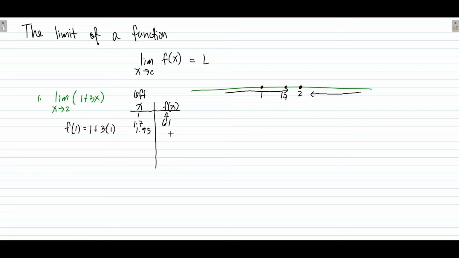And with 1.95, the function gives us 6.85. May mga numbers pa ba na mas malapit sa 1.95? Meron pa. So, let's try 1.99. Anong mangyayari pag 1.999? It will give us 6.9997. May mas malapit pa ba kaysa sa 1.9999? Meron pa, marami pa yan.